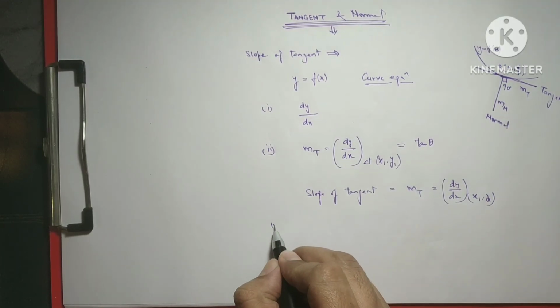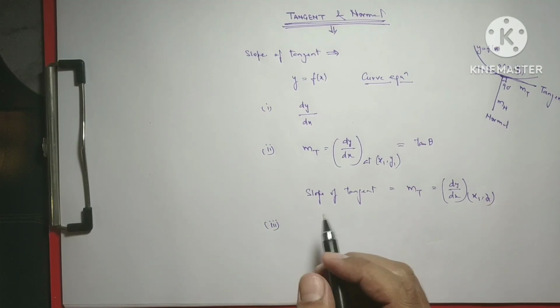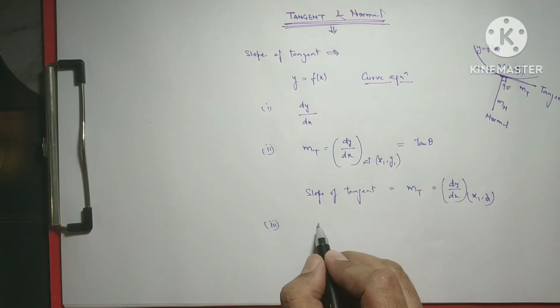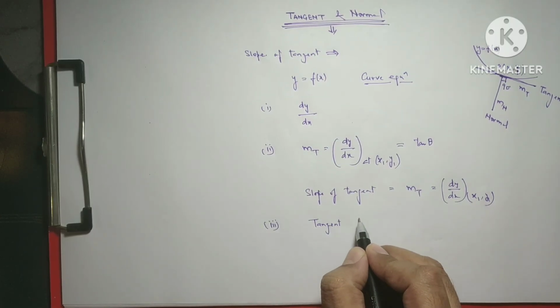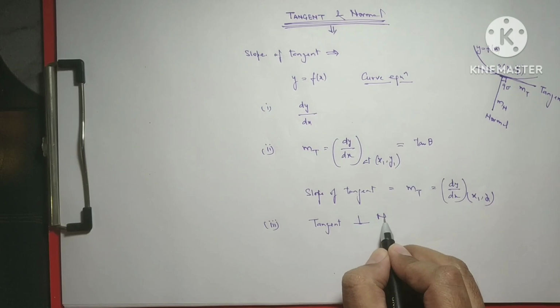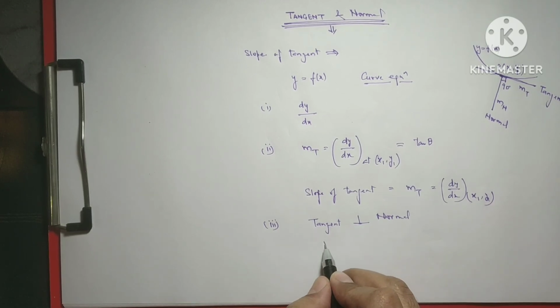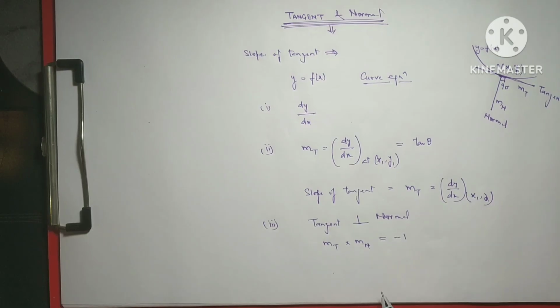Now next we want to collect the slope of normal, and we know this tangent and normal both are perpendicular. So the product of slope of tangent and slope of normal should be -1.